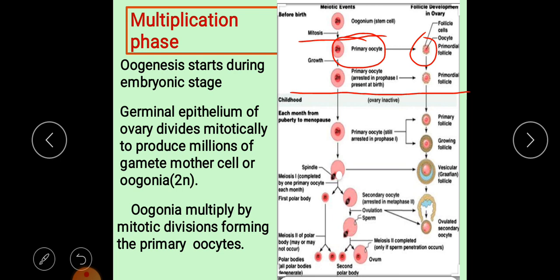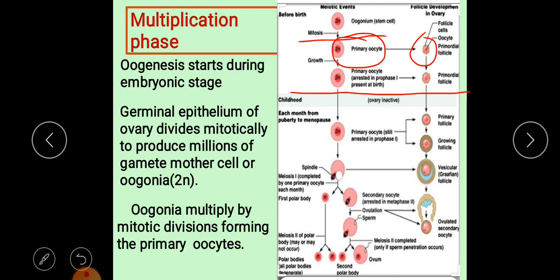When are these formations taking place? We have to understand that the development of the follicle cells takes place only in the arrested period. The oocyte never changes; it remains a primary oocyte, only the follicular development changes.